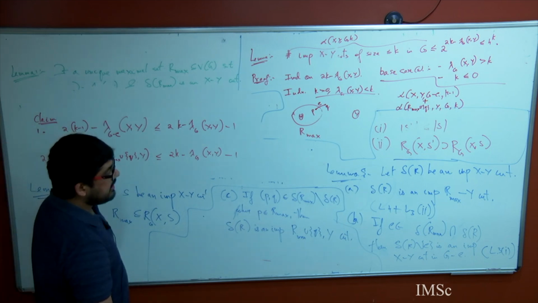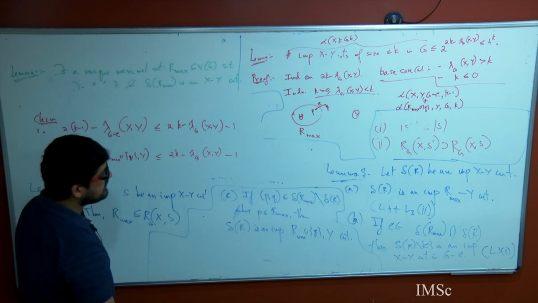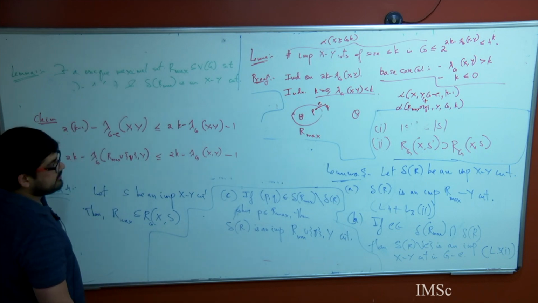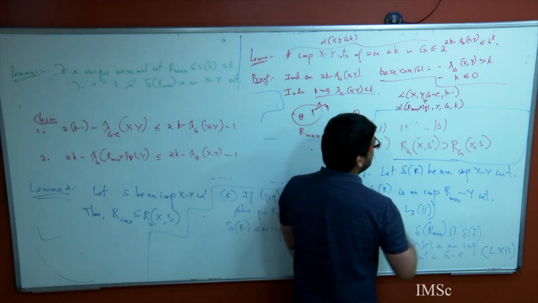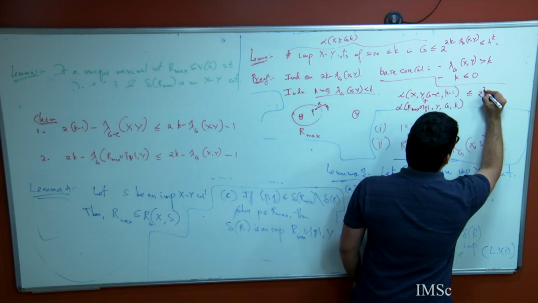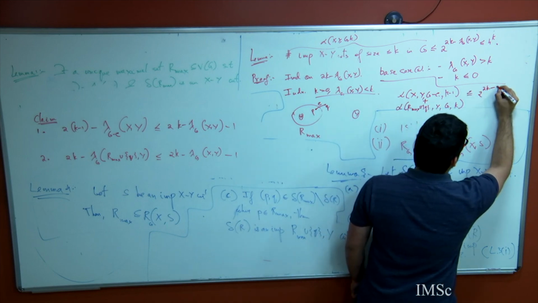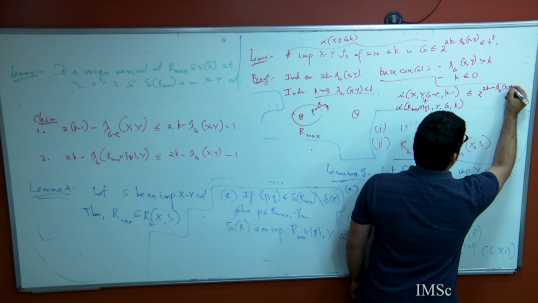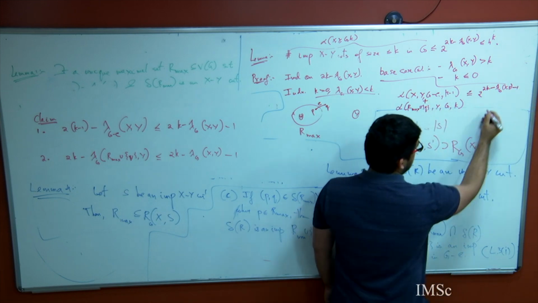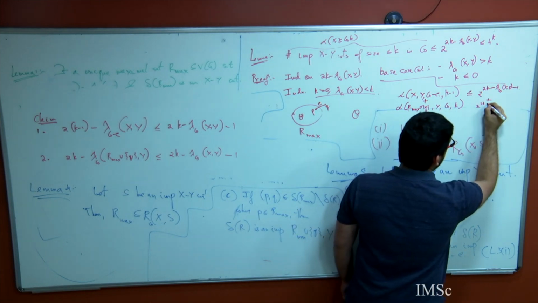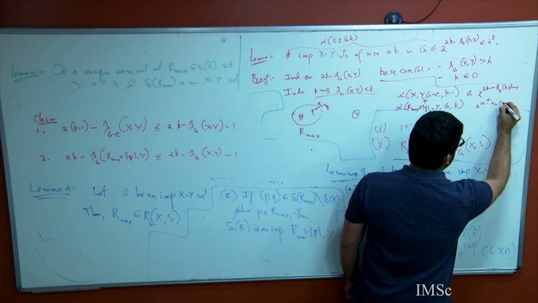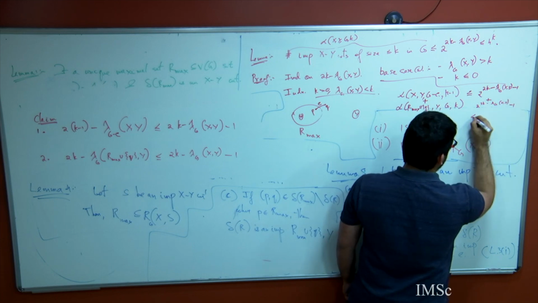And what the induction hypothesis says is that this value is at most 2 to the 2k minus lambda g x comma y minus 1, and it's the same here.